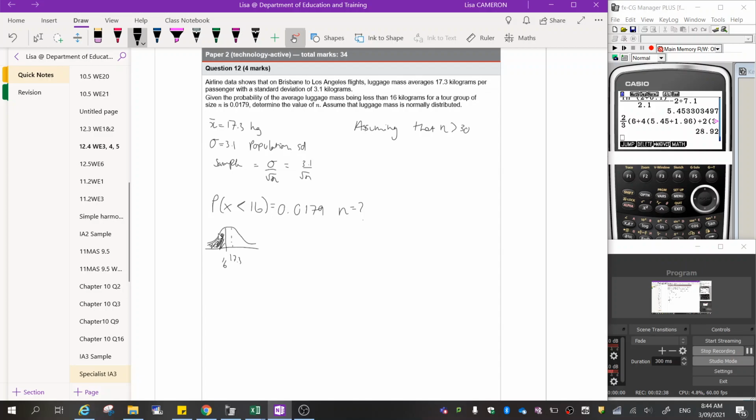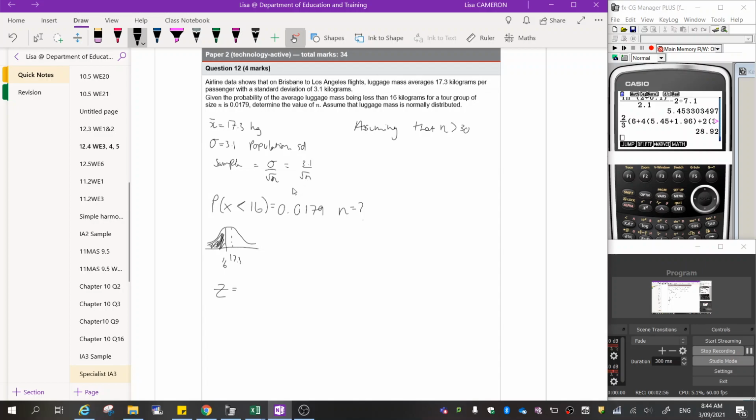Well, I've got a lot of information here. Now, this is indicating to me that we're going to be using a z-score. So when I'm thinking about my z-score, I can be thinking about the formula that will help me use this information and this information and this information all in one.